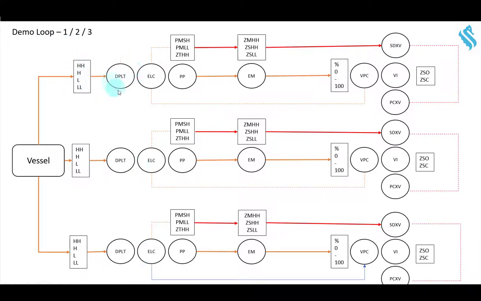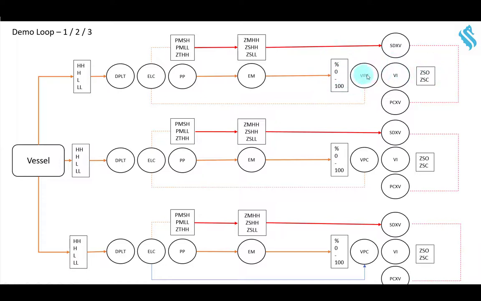It's a differential pressure level transmitter to an electronic level controller, which is controlling a piston pump, an electric motor. Off the electronic level controller is a valve position controller, which can move the valve between 0 and 100%.